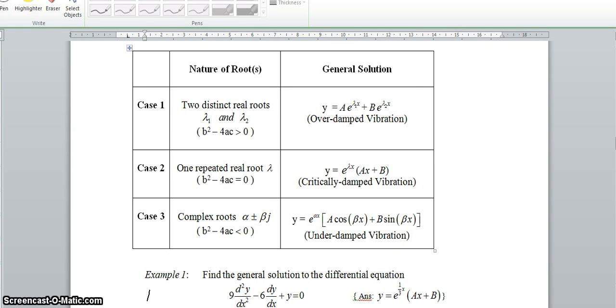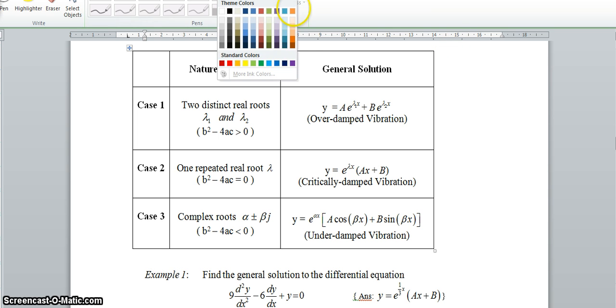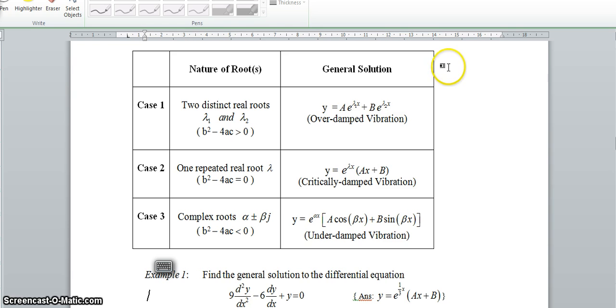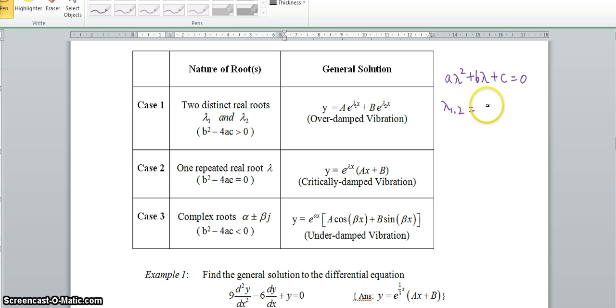Of course, there are other cases. If you still remember, just now we solved this characteristic equation, a lambda squared plus b lambda plus c is equal to 0. And we know that there are two solutions in general.